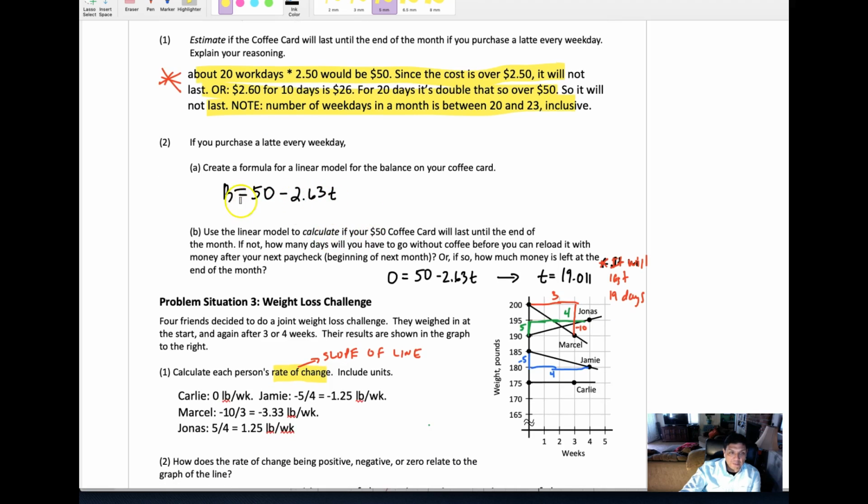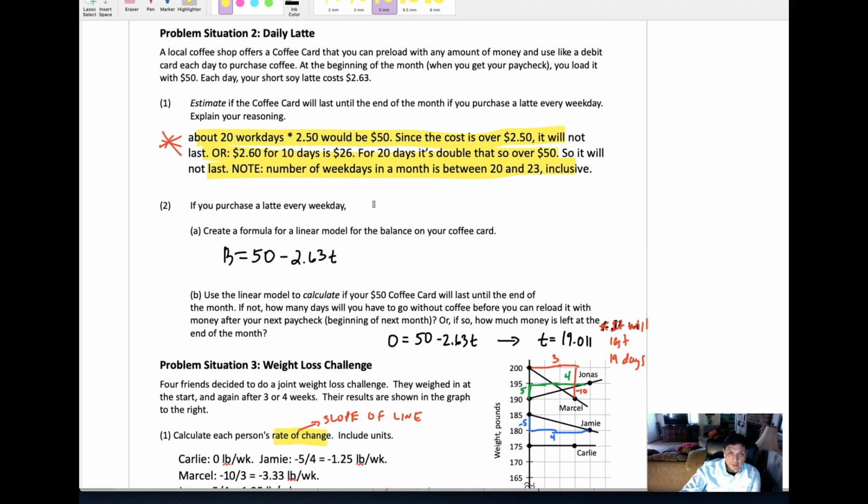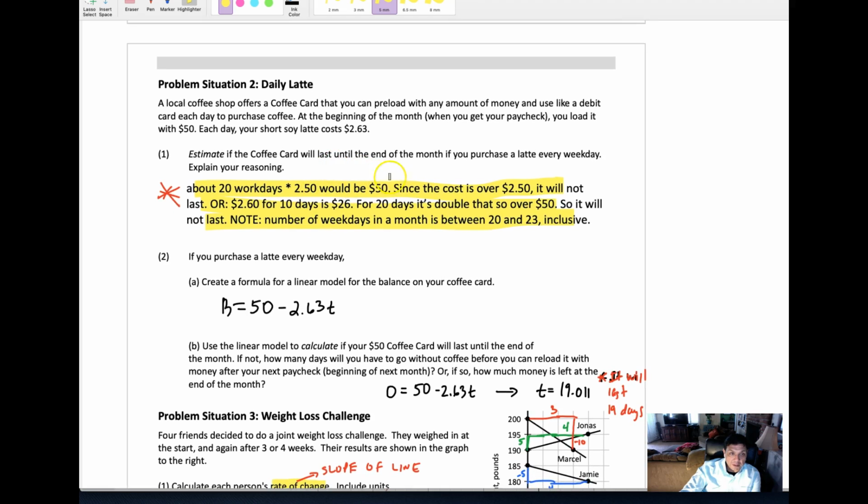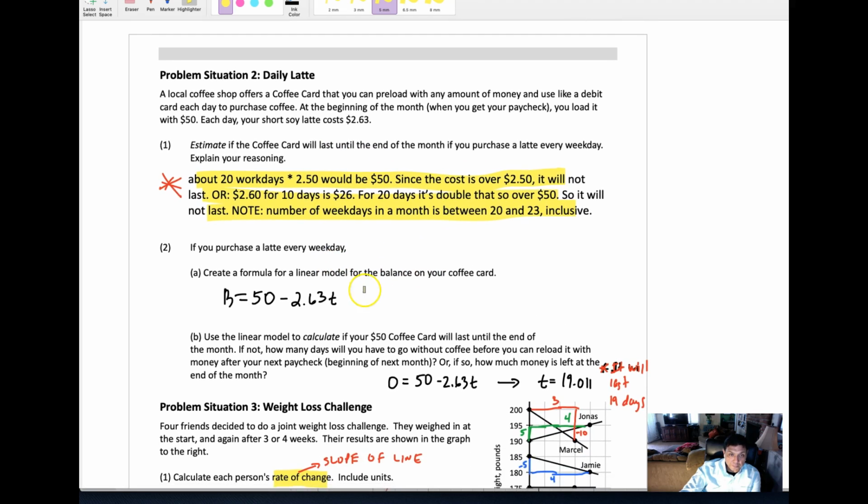And so as you look at that formula, B is equal to 50 minus 2.63T, where B stands for your balance, and T is the number of days, for each weekday.